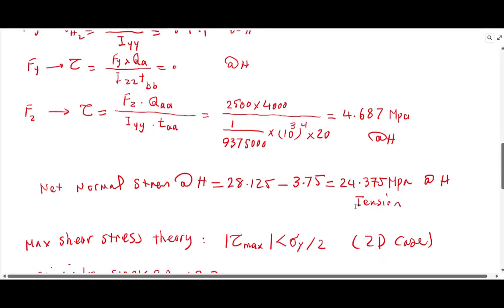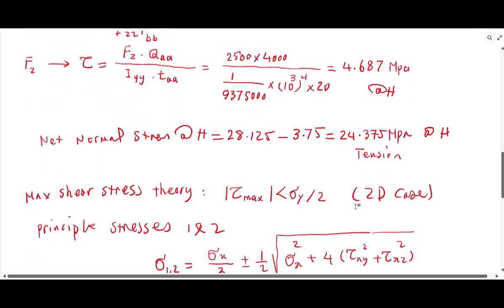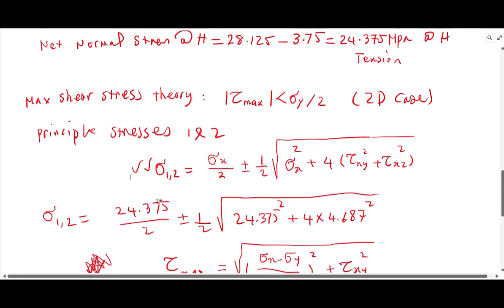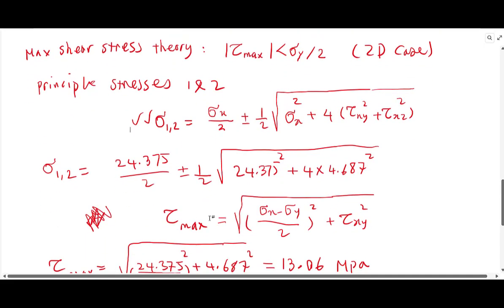So here the problem wants you to use the Mohr circle. Mohr circle can be used either to find the principal stresses, which are called sigma 1, sigma 2, a kind of resultant between the orthogonal normal stresses and the shear stresses. But the problem is suggesting not to find the normal stresses, but the maximum shear.